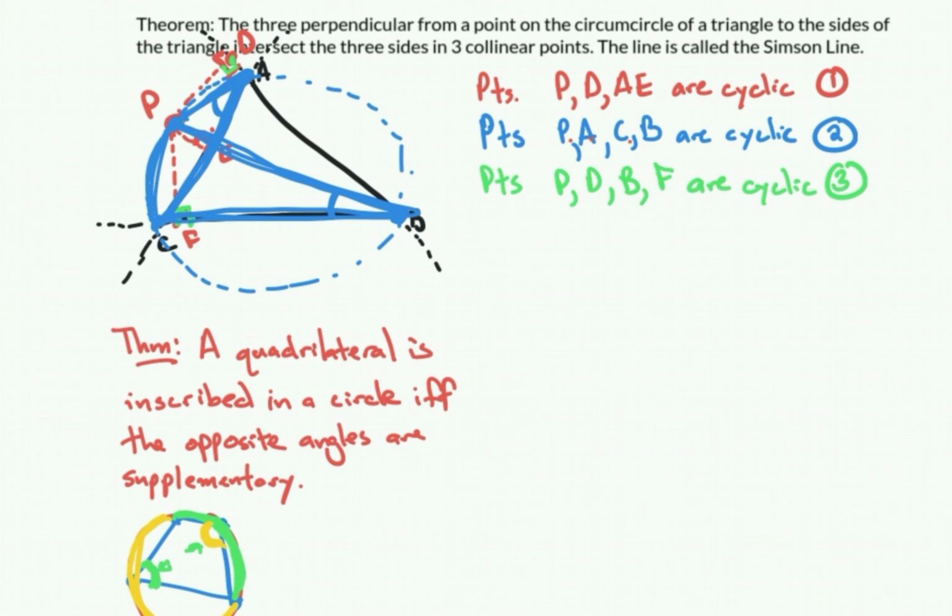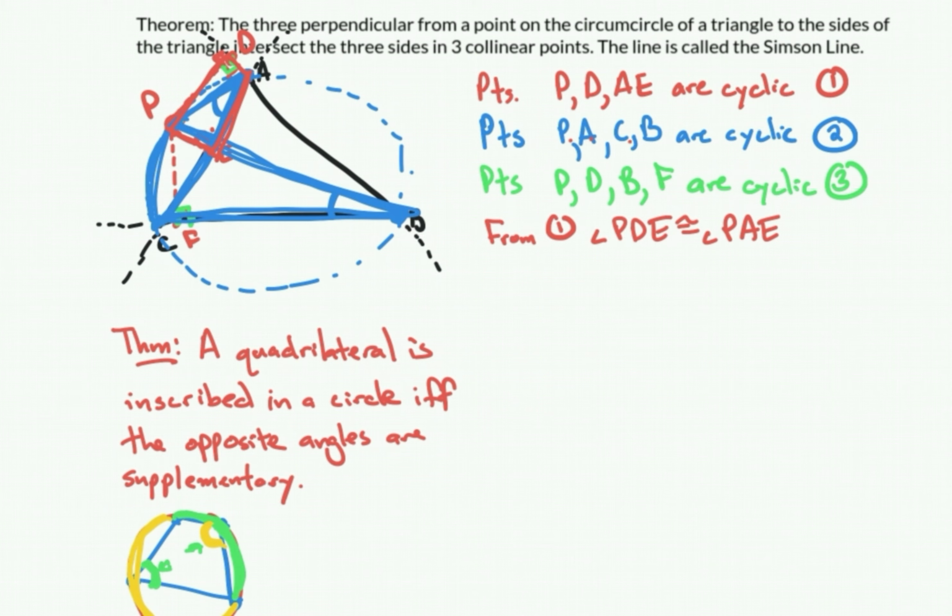So if we start with the first one, which was P, D, A, and E, right? This right here. If we draw that circle in, we would get several congruent angles. We'd get angle PDE is congruent to angle PAE because they subtend the same arc in the circumscribing circle around this red quadrilateral, just like the argument I made a second ago.